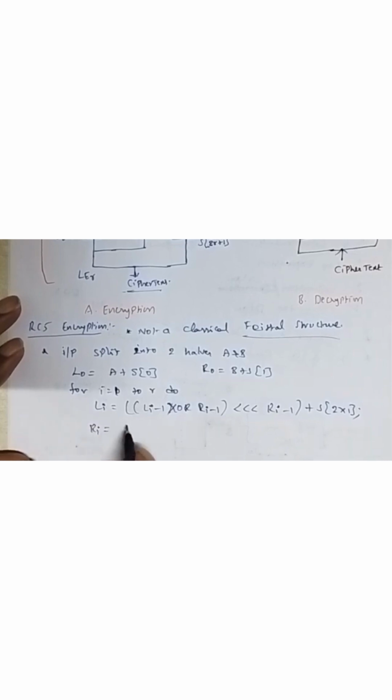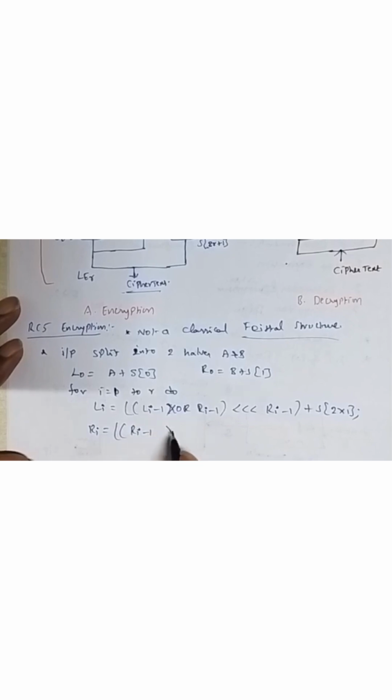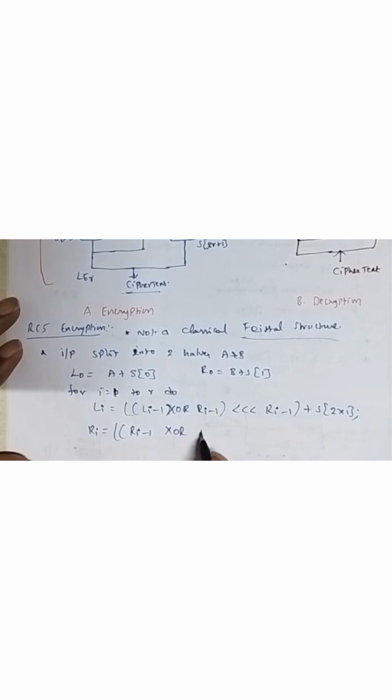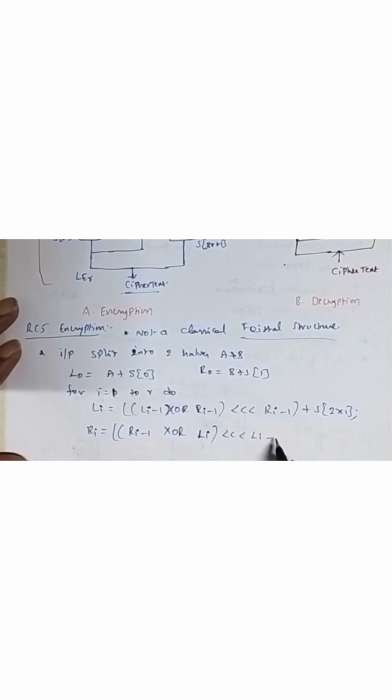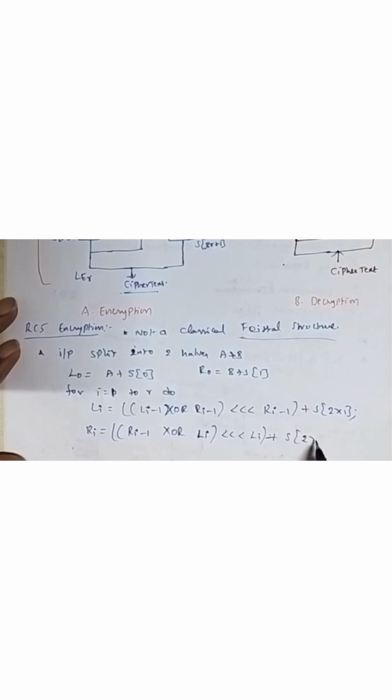Ri = ((R(i-1) XOR Li) <<< Li) + S[2i+1]. In each round the operation is equivalent to two rounds of DES algorithm.